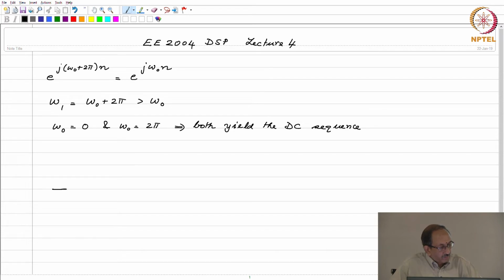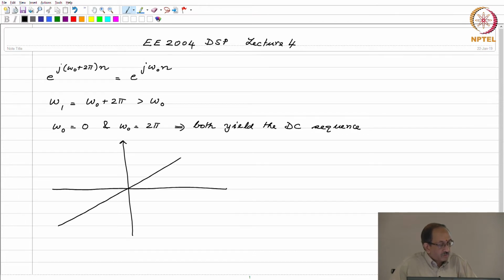So this can be captured in this way. Omega naught belongs to the interval minus infinity to plus infinity.